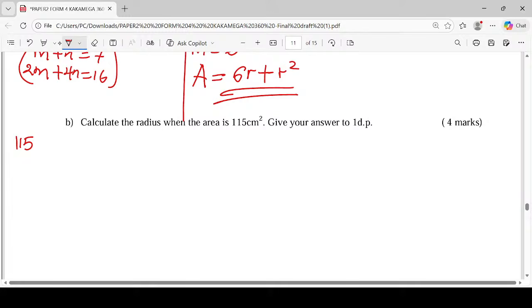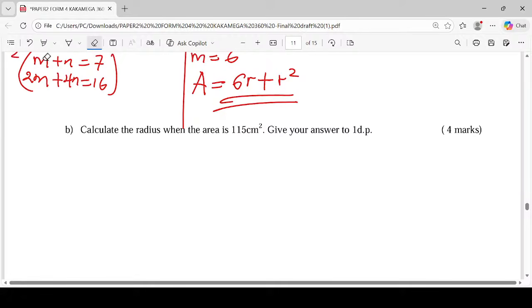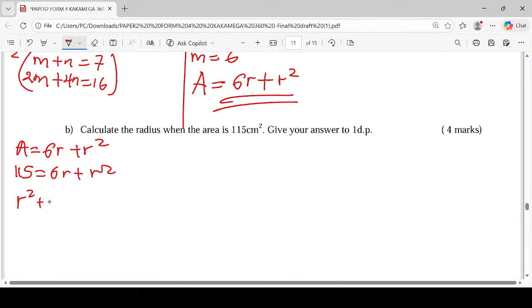Maybe let me start with the formula so that learners can understand and follow these questions well. Remember that area is calculated by 6r plus r squared. Our area is 115, equal to 6r plus r squared. So this is going to give you a quadratic equation: r squared plus 6r minus 115 is equivalent to 0.